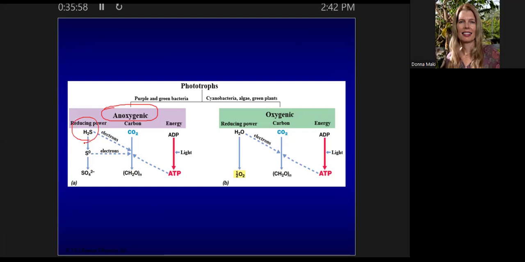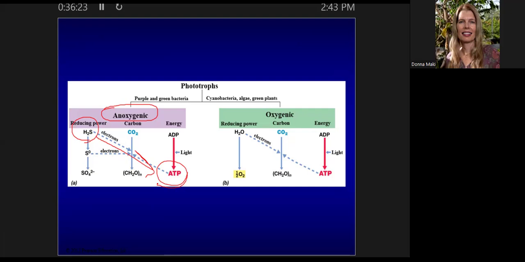Here, if they strip electrons off of hydrogen sulfide, you're left with a sulfate molecule of some sort. So that's definitely not oxygen. But it's the same basic idea. You strip electrons, in this case off of hydrogen sulfide, and you get your electron transport chain going. That allows for some ATP. They're not showing the NADPH, but that's there too. And then you can take in CO2 and make your sugars.